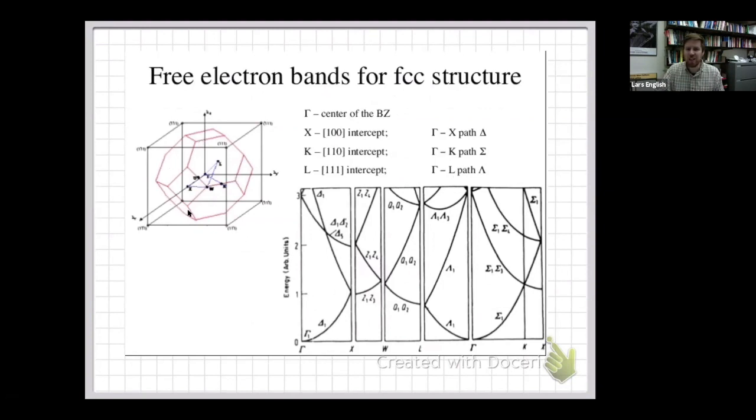It's depicted over here on the left, this red volume here. The interior of it is our first Brillouin zone. And again, we would like to explore that reciprocal space by going on various journeys. And again, these significant points are labeled here: tau, x, w, l, tau, k, x, and so on.